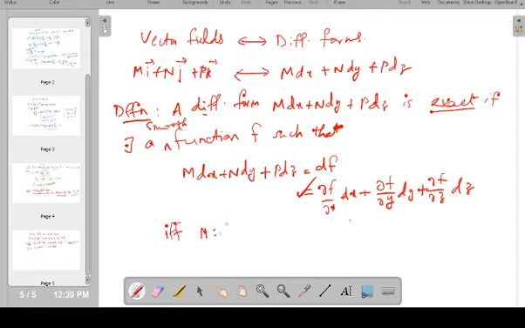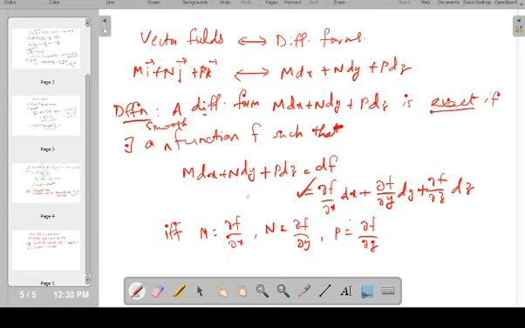That means M equal to dou f by dou x, N equal to dou f by dou y, and P equal to dou f by dou z. So exact if and only if, okay, we will derive that.